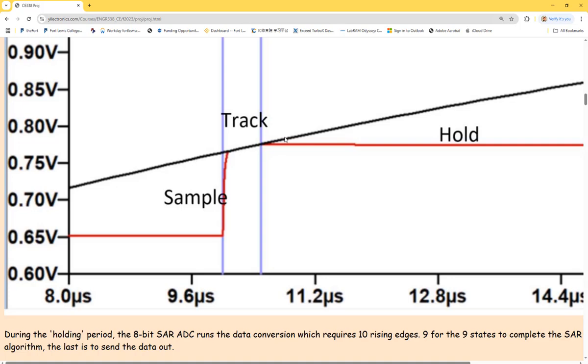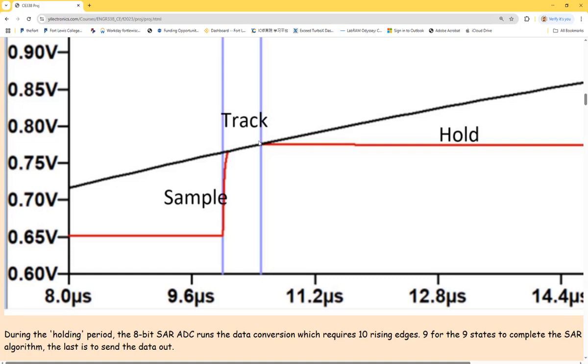Here the black line is the sine wave, and this is the signal of the sample and hold circuit. So it turns on and then starts tracking. Here you see the red line tracking the black line. There will be a time delay, but it will track. And whenever it stops, when M6 is closed, it's going to hold the value over here.